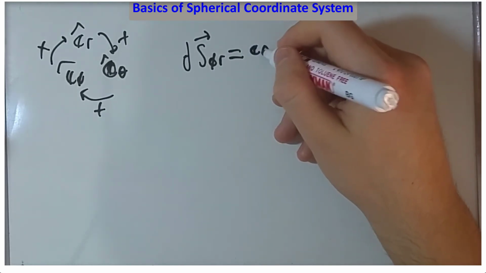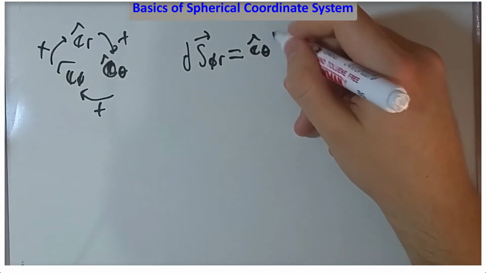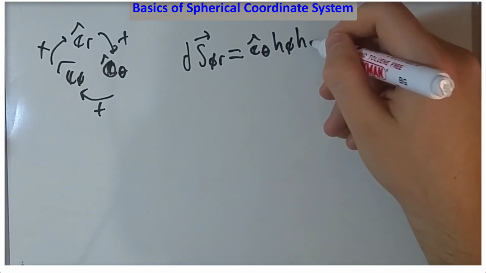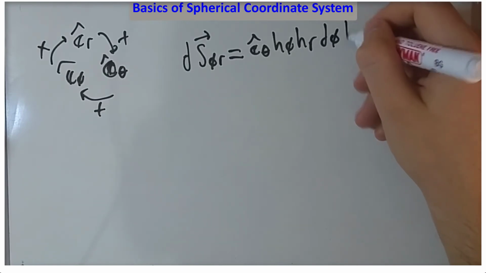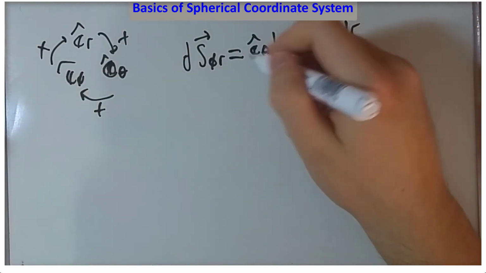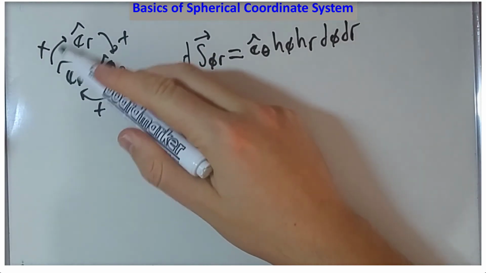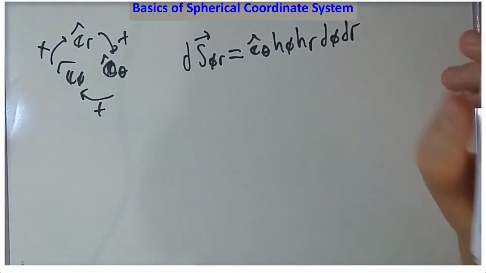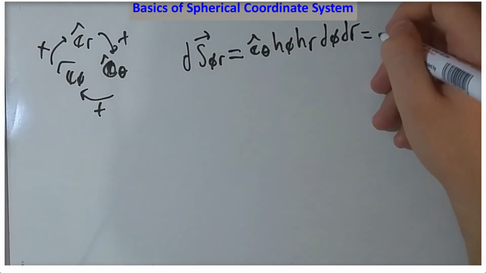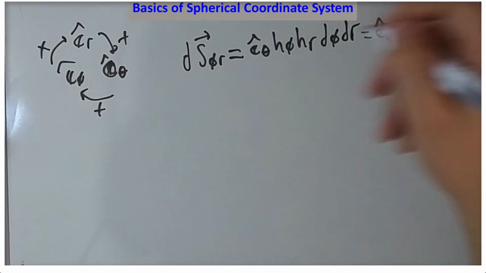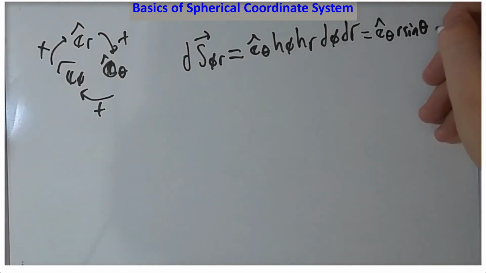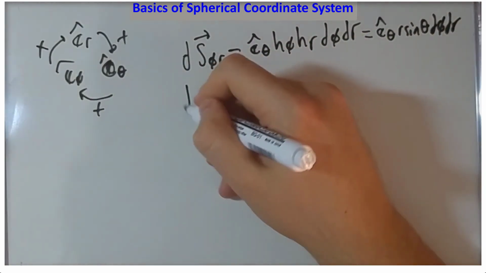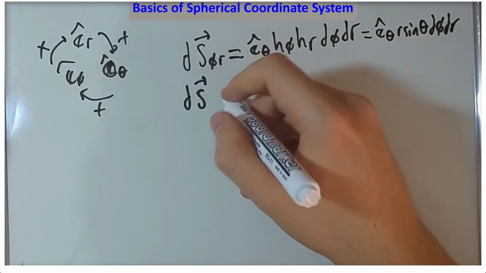Phi and r. There is no theta, then there is h phi, h r, d phi, dr in the direction of e theta. Now here I see that it's increment and minus. After phi it remains positive because r is clockwise. This equals, in the e theta direction, h phi r sin theta d phi dr. Let's write ds for theta and r.